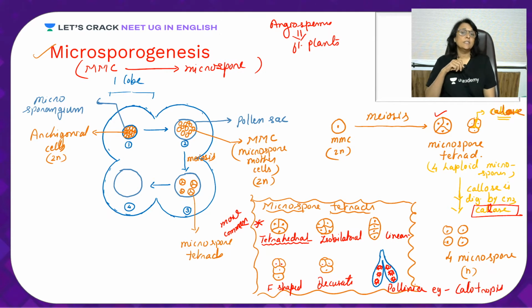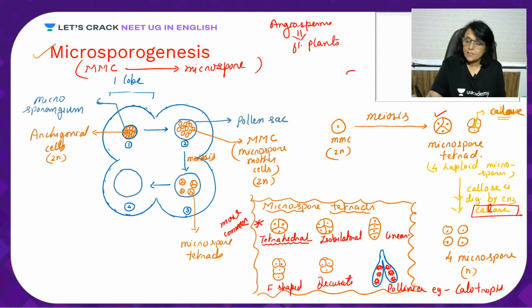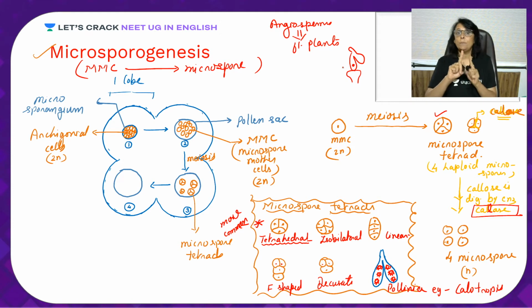Now, what is the significance of the pollen sac remaining in this balloon-like structure? This we will take up again in adaptations for cross-pollination and self-pollination. There is a physical barrier. Say for example, if this is the stigma and a pollinium falls on it, the pollen grain is inside, so pollen and pistil will not come in contact with each other.